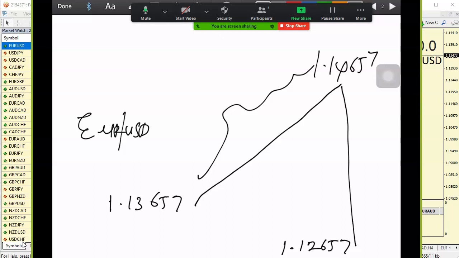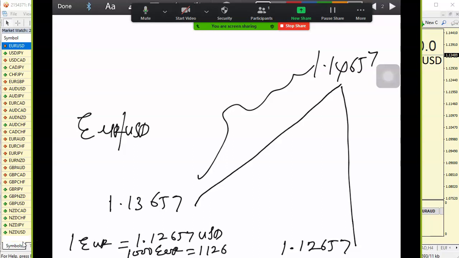At this price, 1 euro equals 1.12657 dollars, and 1,000 euros equals 1,126.57 USD.